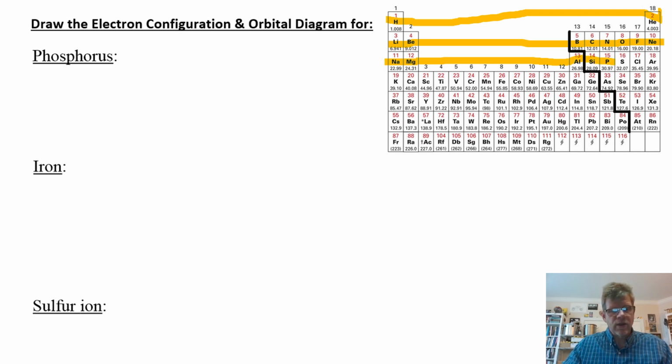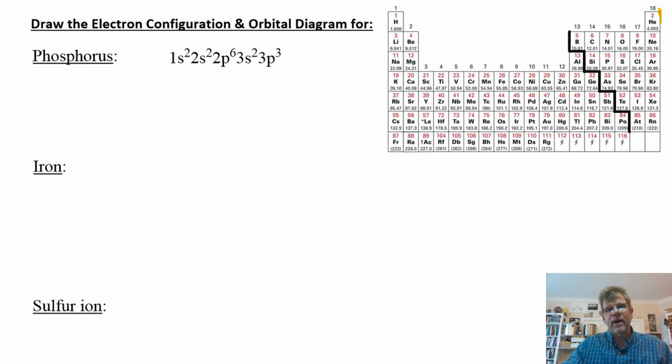When in doubt, use that periodic table. And indeed, that's what we have. If you want to check your work, you can look at that number, 15 electrons, and just add up these superscripts right here, and it should come out to 15. If it does not come out to 15, then there's a problem. But indeed, that is how to check your work on these frequently.